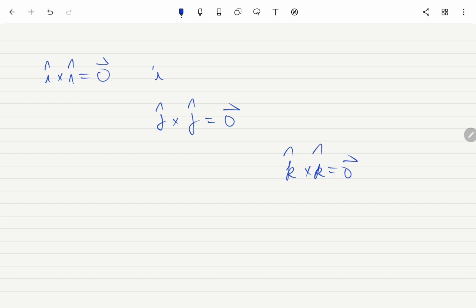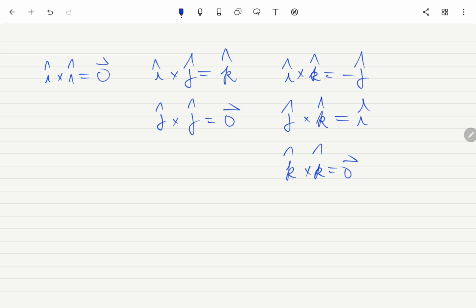And then we have i cross j. i cross j will be k hat. i cross k will be negative j hat. Here we have j cross k will be i hat. j cross i will be negative k hat.